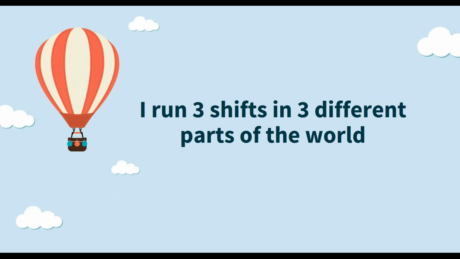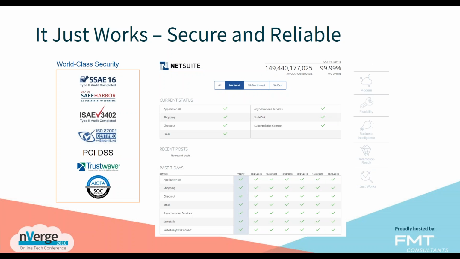So what about the fact that you've got three shifts maybe in three different parts of the world? How do I deal with that? Wow, that sounds like a challenge if you've got an on-premise system. You've got VPNs, infrastructure, and so on and so forth. To manage that, maybe multiple shifts of IT folks. So from a NetSuite perspective, like I say, it just works. It's secure, it's reliable. We've got world-class security.